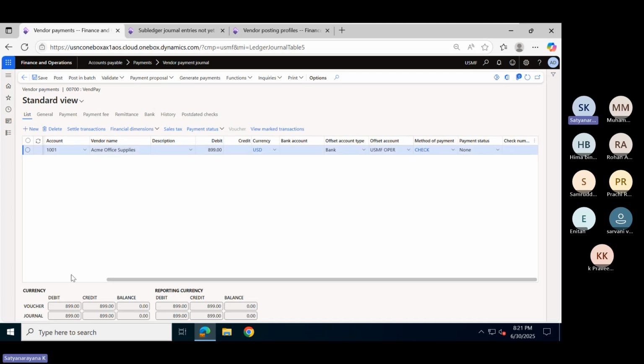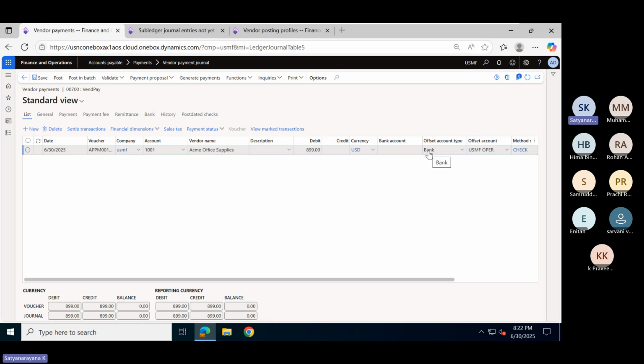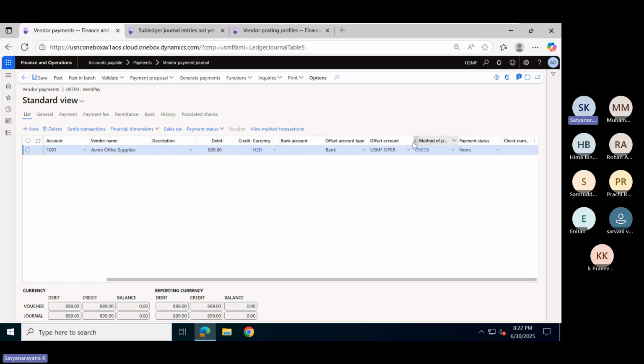Masters means customer account, vendor account, bank account; these are all masters. Method of payment is a setup. Now I'm using the method of payment check. Tomorrow we'll discuss it in detail. I'm just showing you now.